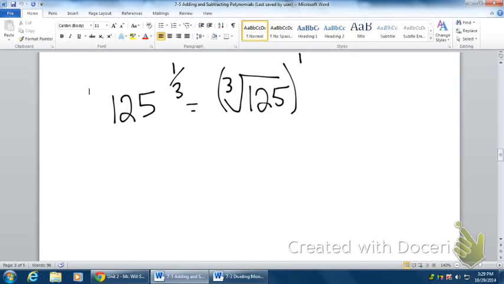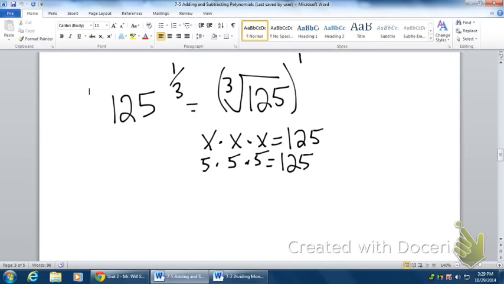So now we're looking for what times what times what equals 125. If you work that out, it's going to be 5. 5 times 5 times 5 equals 125. So then you would write 5 raised to 1, and of course that's just going to be 5. You really don't need to write the 5 raised to 1. If it's raised to 1, you pretty much know it's going to be 5. Just want you to understand that.